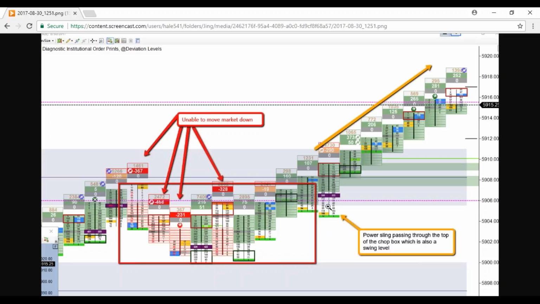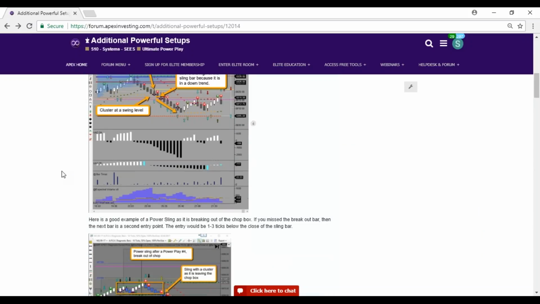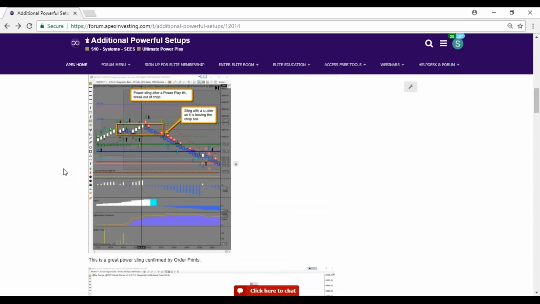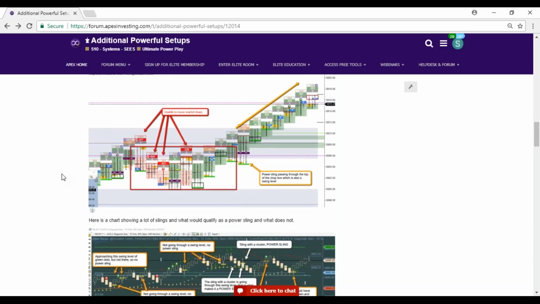Or if you didn't and you waited for this here, or you're looking for a second entry, this power sling pulling back into the chop box zone, closing up with that cluster, takes off. Okay? So look for these power slings and power elevators at swing levels and at the chop breaks.